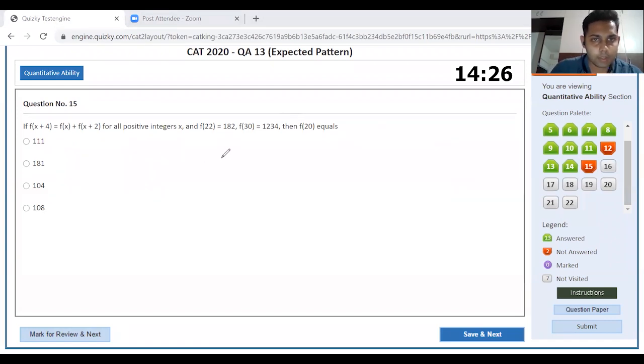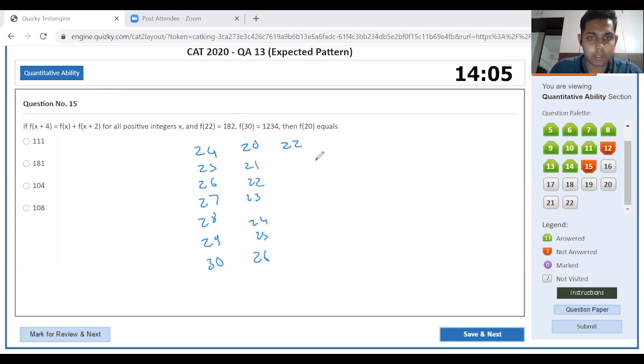X plus 4, X plus 2, we have 20, 30, and what is 20 equals? Okay.